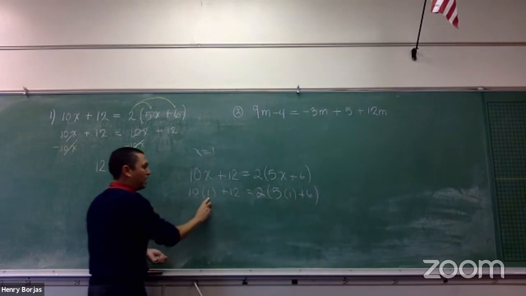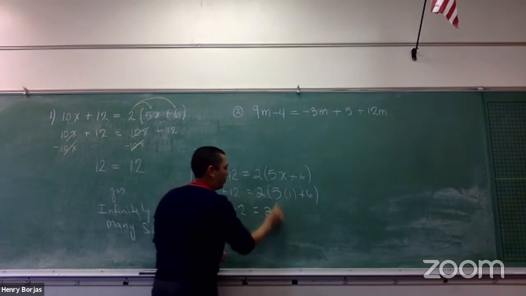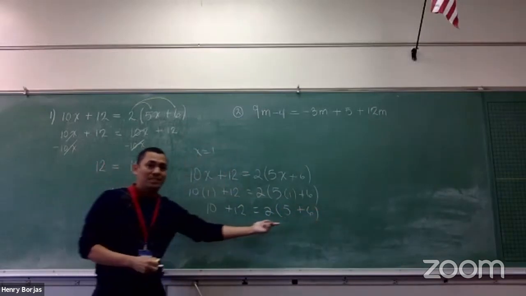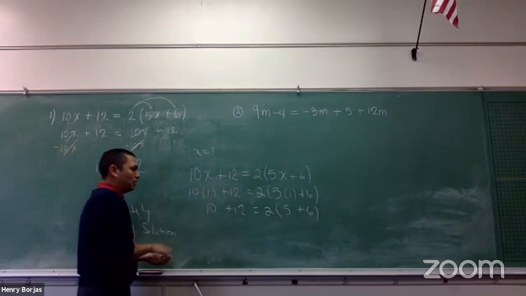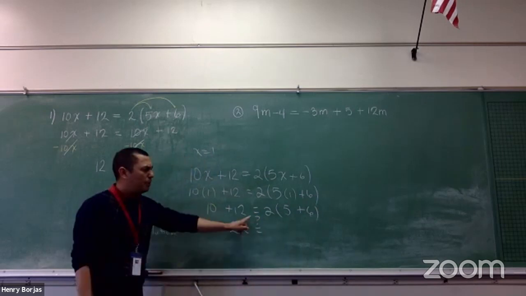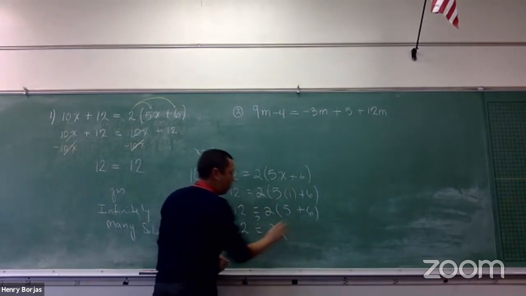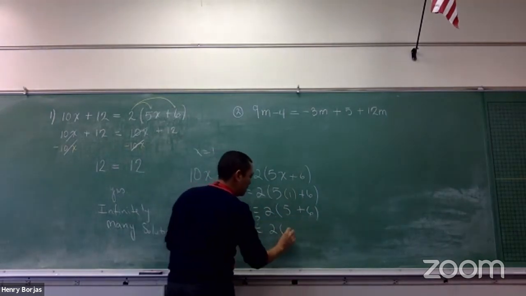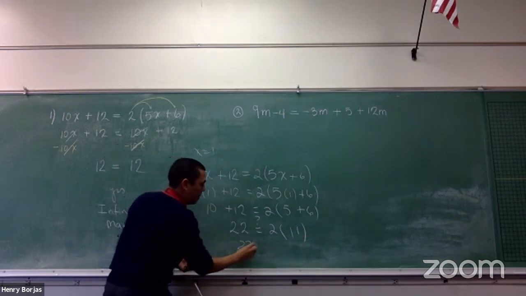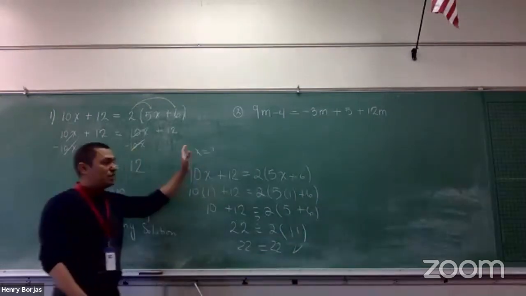Let's simplify. 10 times 1 is 10, plus 12 equals 2 times 5 times 1 plus 6. We can simplify the parentheses. 10 plus 12 is 22, equals, I'm going to put a question mark because I don't know what we're going to have here, 2 times 5 plus 6, which is 11. So 22 equals 2 times 11, 22. That one was using 1.